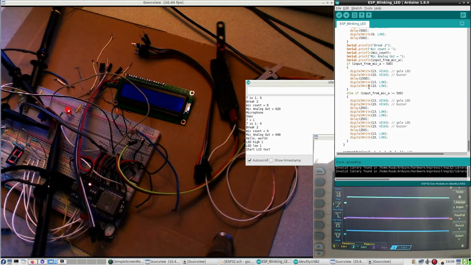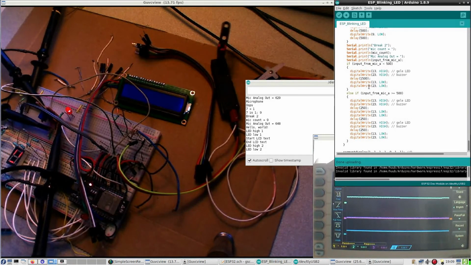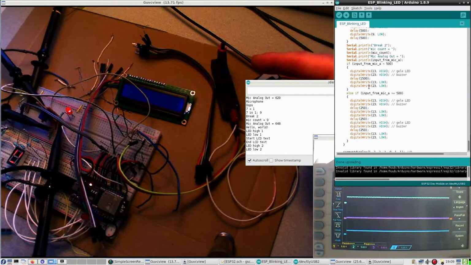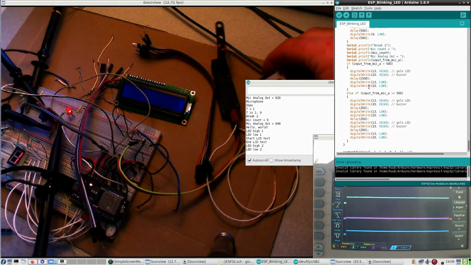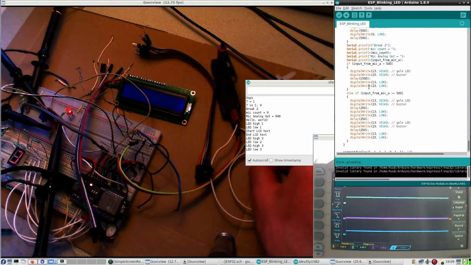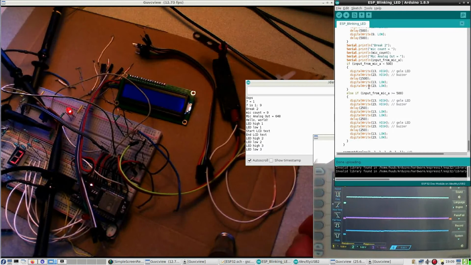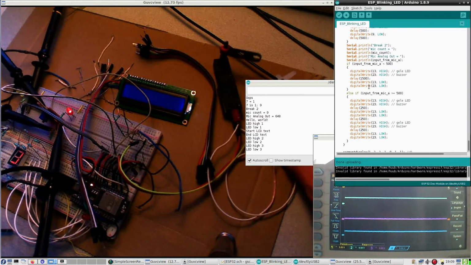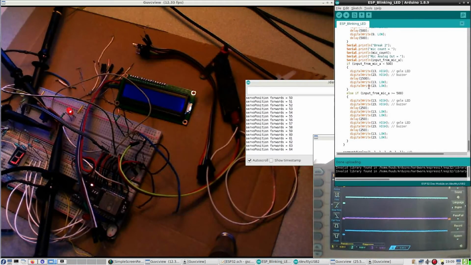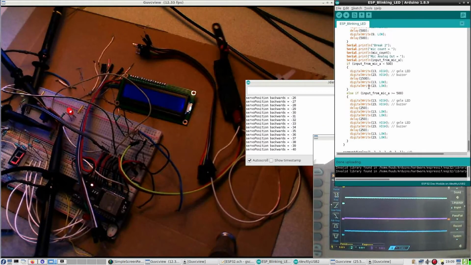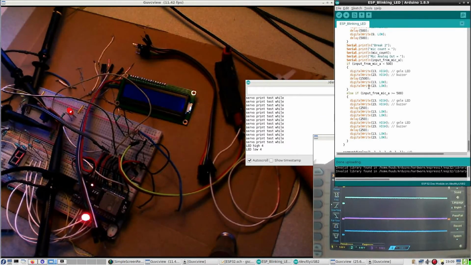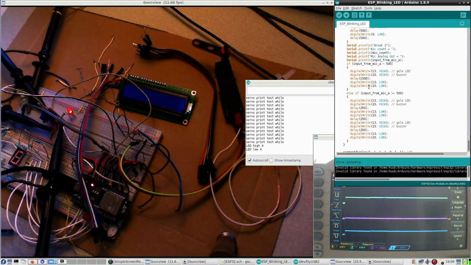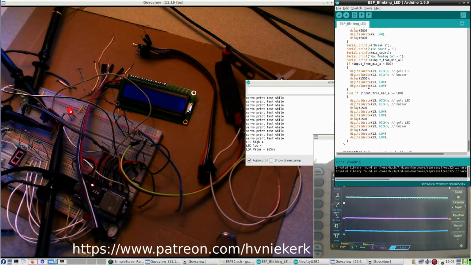Not the focus of this video, but a moving motor. Wow. Some signal is missing, I think. But anyway, this is working. Alright, back to focus.